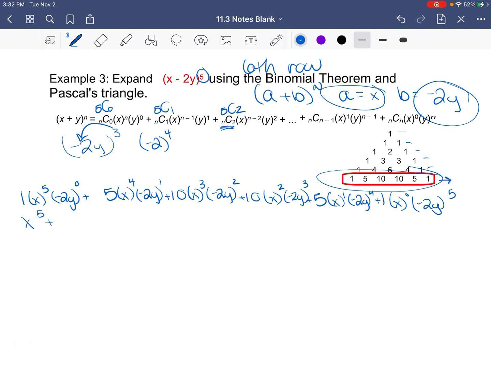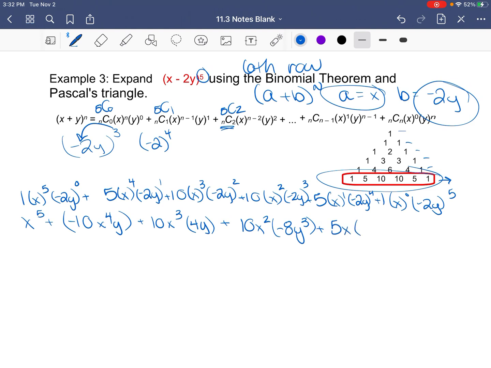This one's going to be negative 10 x to the 4th y plus this one, I might leave it as this and then have my positive 4y plus 10x squared. This is negative 8y cubed plus 5x.